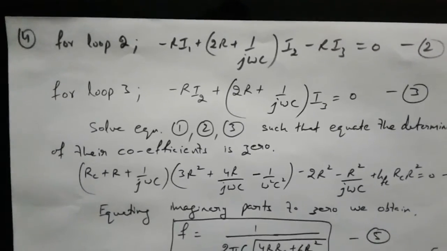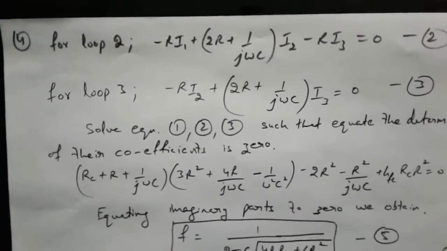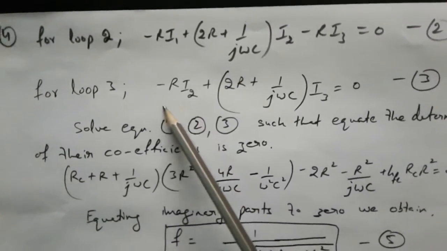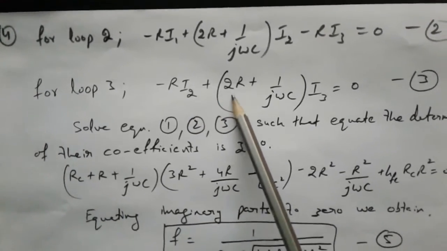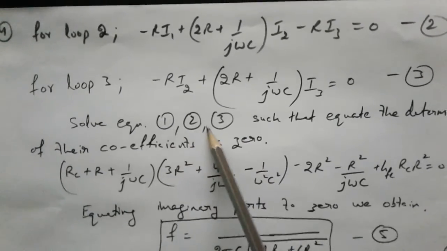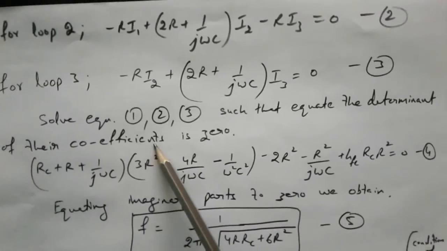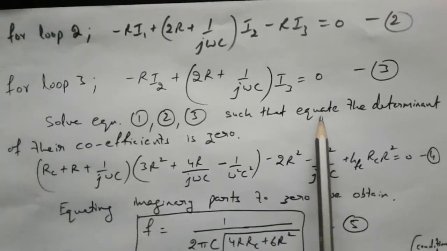With the same reason, you can also easily write equation 3 for loop 3. So now we get 3 equations by using Kirchhoff's law in the 3 loops, and we will solve all the 3 equations. We take their coefficients and equate their determinant to 0.